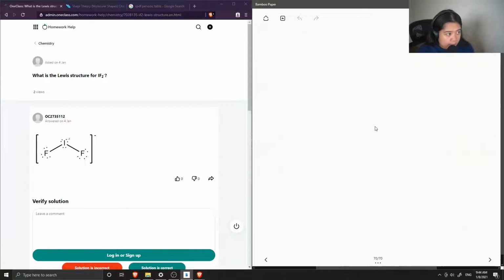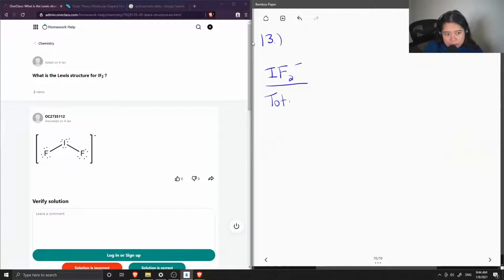What is the Lewis structure of IF2 minus? To find the Lewis structure of this ion, let's find the total valence electrons.